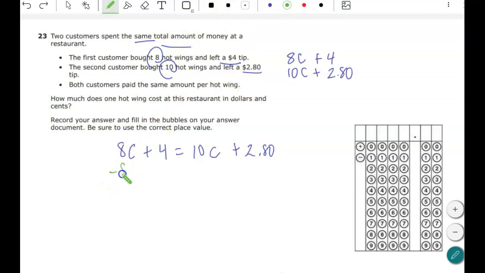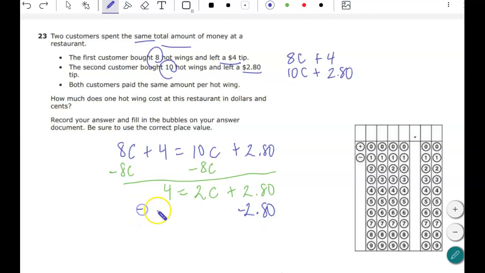So we're going to subtract 8C from both sides. And you get 4 is equal to 10C minus 8C, which is 2C, plus 2.80. Then, because we have to isolate the variable, you're going to subtract 2.80 from both sides. And then we're left with 2C is equal to $1.20.